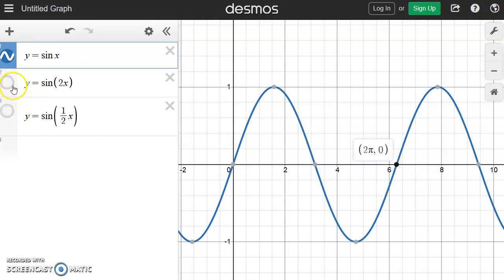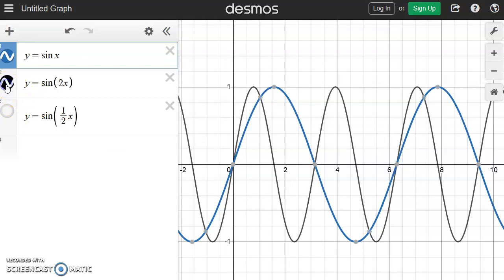And let's look at sine of 2x. The black one is sine of 2x. And you can see the period now becomes pi. So multiplying 2 on the x will actually make the graph horizontally compressed by a factor of 2.